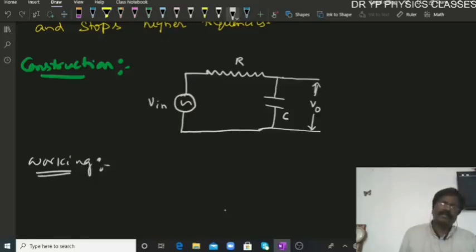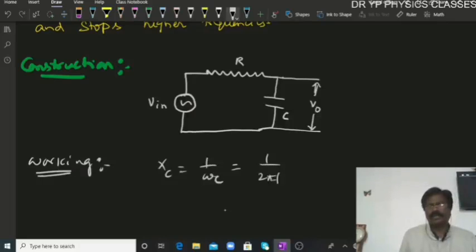Now what happens when we increase the frequency of the input signal? As you know, XC is equal to 1 over omega C, right, here 2 pi F C. As the frequency increases, with frequency in the denominator, the capacitor impedance increases.